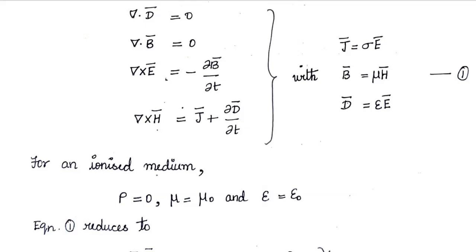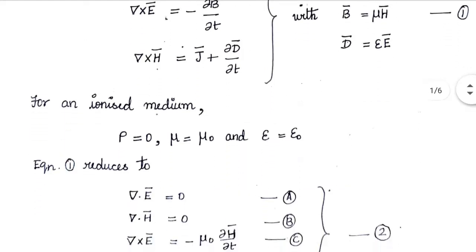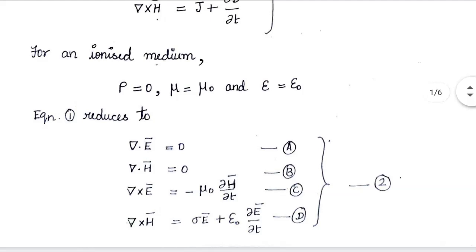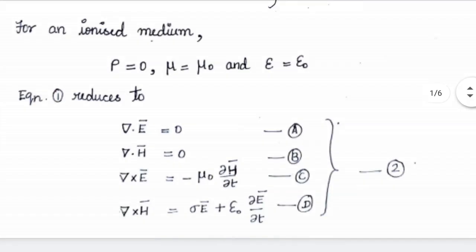Now, let us put all these conditions, rho equal to 0, mu equal to mu naught and epsilon equal to epsilon naught, in equation 1. If we substitute, our equation reduces to: del dot D, in place of D we write epsilon into E, and rho equal to 0. So, we get del dot E equal to 0, and the second equation, del dot B, in place of B we write mu naught H, so del dot H vector is equal to 0, and del cross E vector is equal to minus mu naught dou H by dou t.